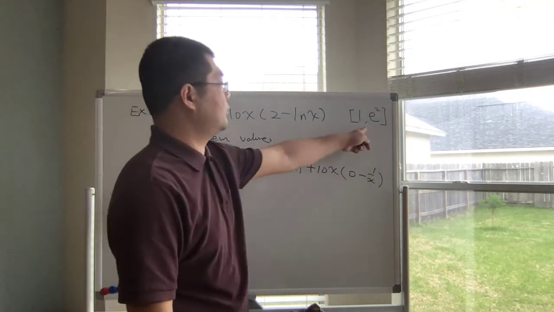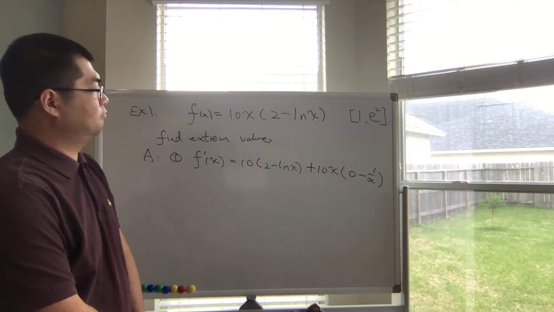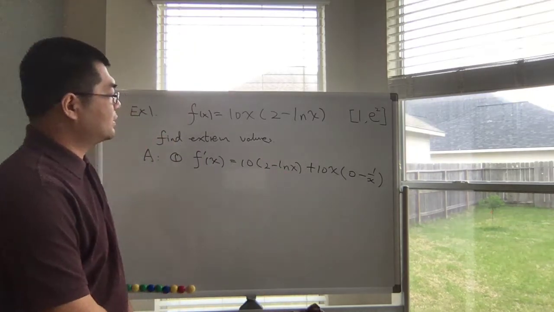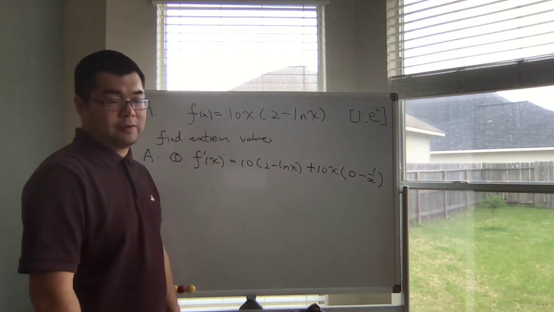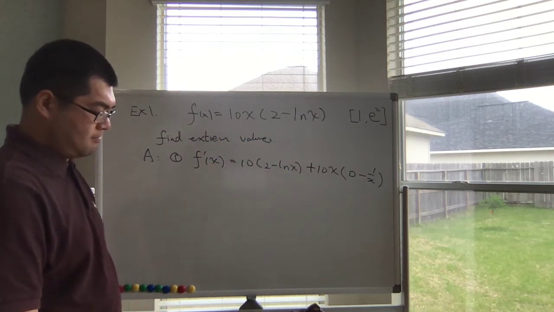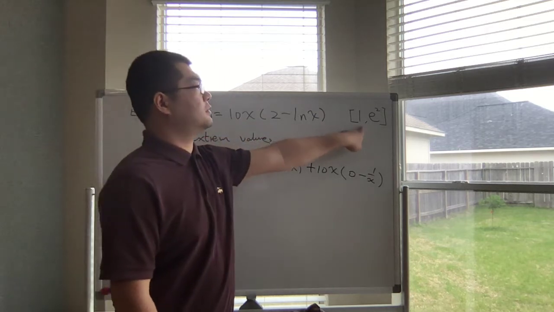Our domain is from 1 to e squared, so we don't have to worry about whether this part is defined or not. When we have ln of x, the domain must be greater than 0, but here it's from 1 to e squared.